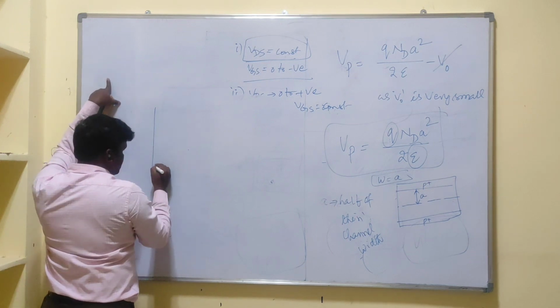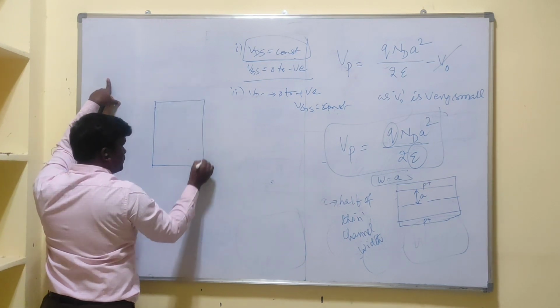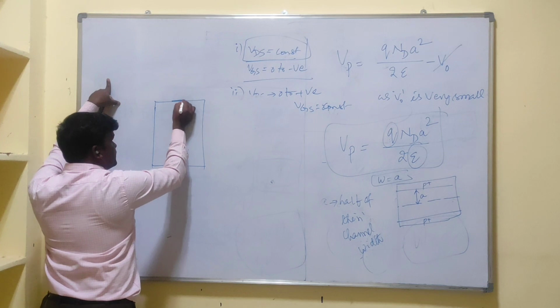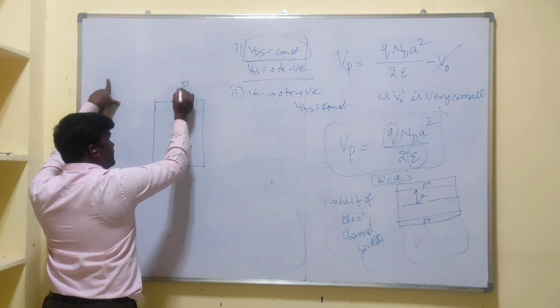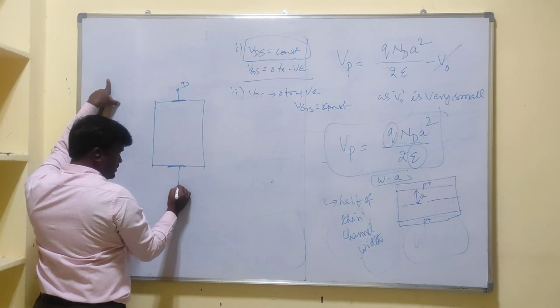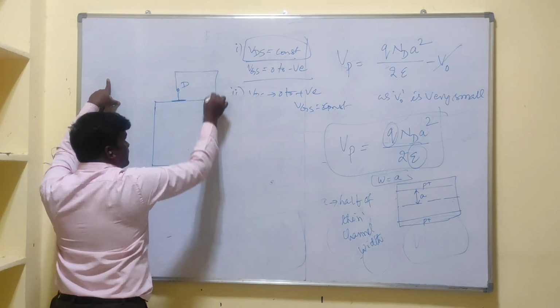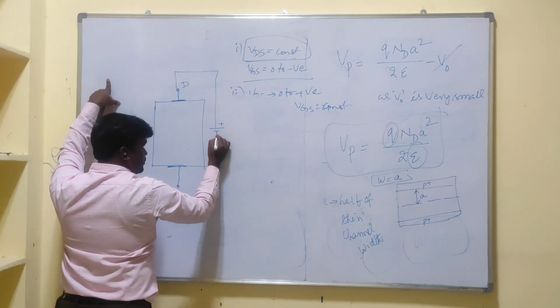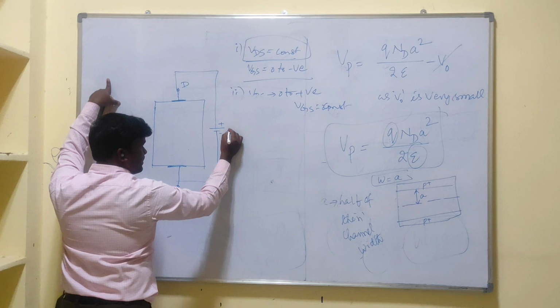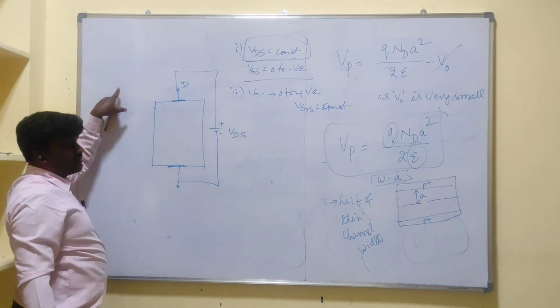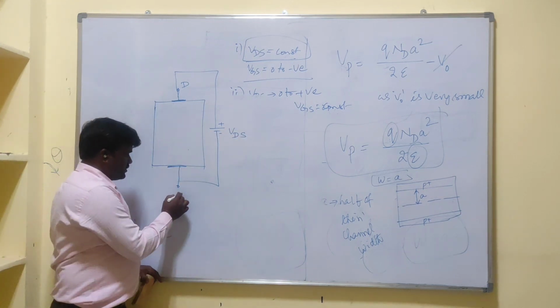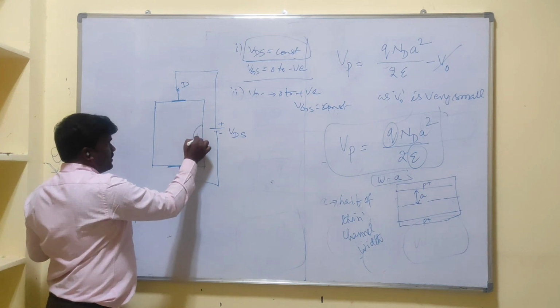Once again, so this is what? Our drain, and this is our source. Here we have the drain to source voltage. The connection is given like this, it is positive. That means the drain is positive compared to the source. And what about our regions?